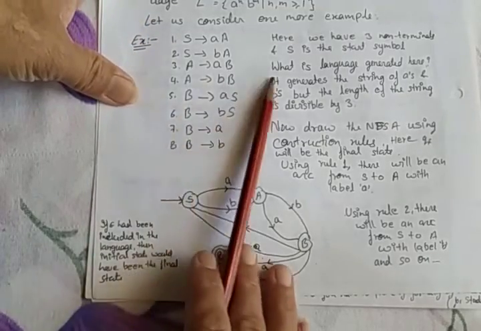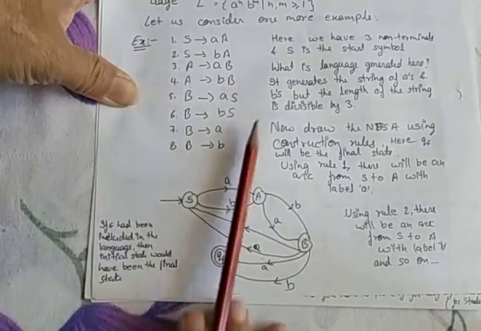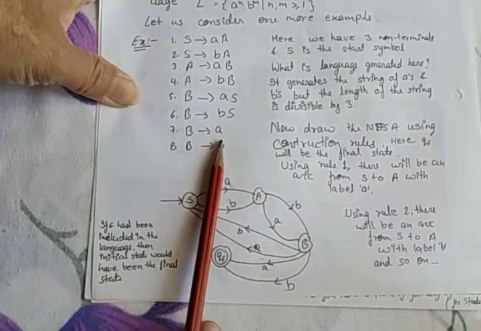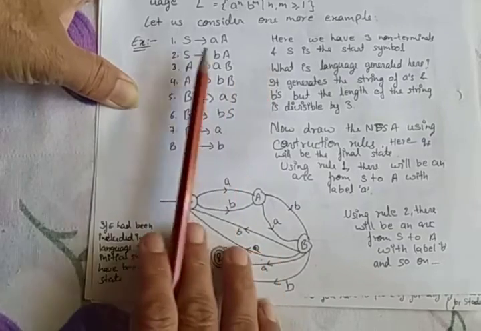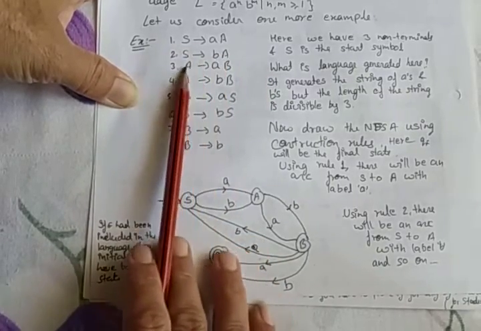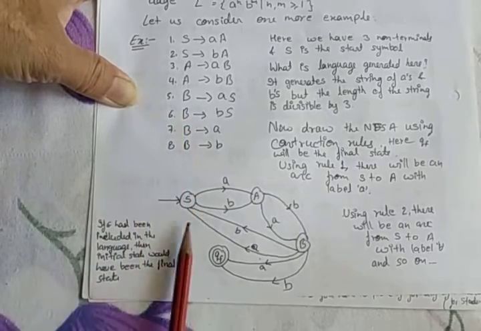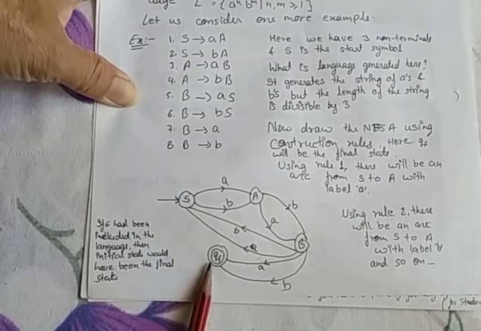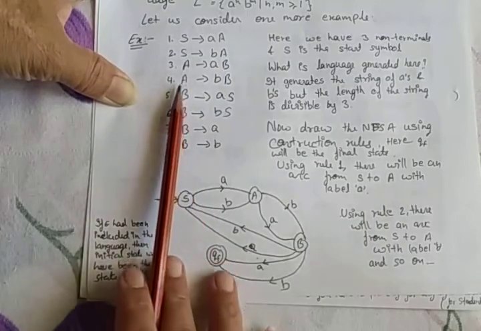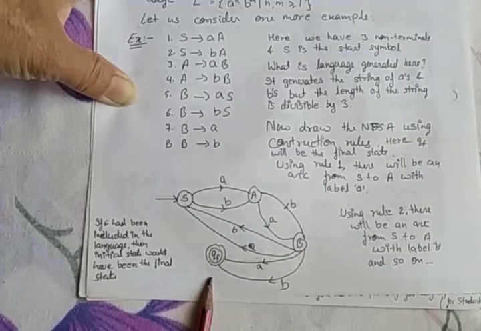Now let's see, the total number of states will be 4 because we have 3 non-terminal symbols. One is S, second one is A and third one is B. So for the automata we need one more state, which is the final state, right? So the total number of states are 4: S, A, B and the final state, right?